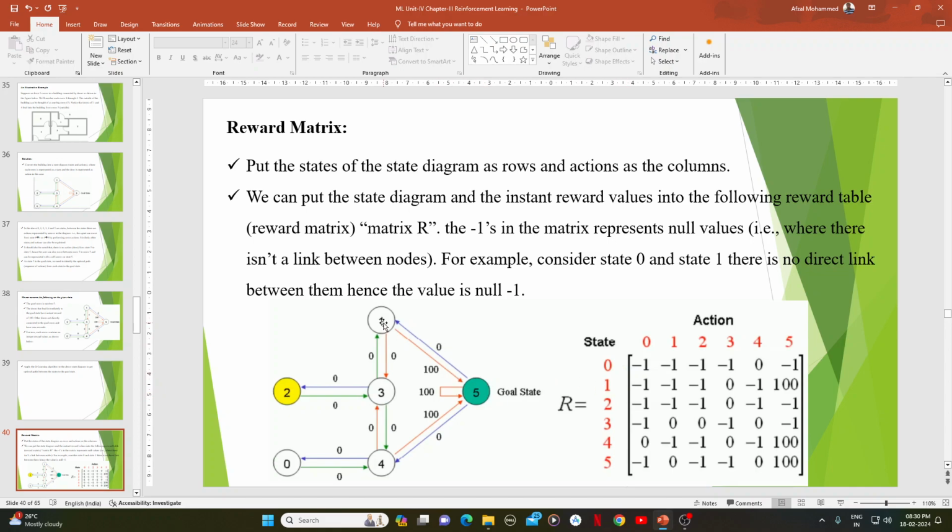If you move from room 1 to 5, the agent will come out of the building, so it is reaching the goal state, so it is a positive reward, and we are giving 100. See here, 1 to 5, if the agent is moving, we are awarding 100. Same thing from 5 to 5, because a self transition is also possible. So 5 to 5 is also 100, 4 to 5 is also 100, and 1 to 5 is also 100.